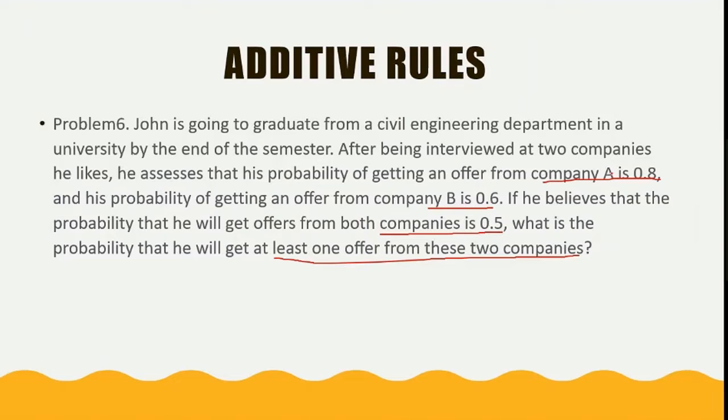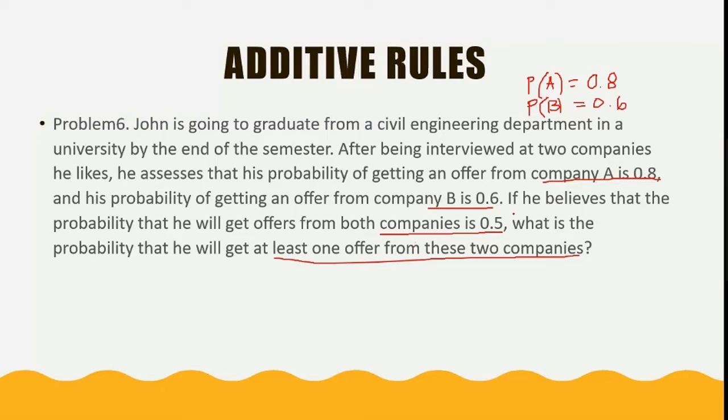Okay, we have here company A, so we'll denote P of A, or probability of A. Now for company A it is 0.8. Now the probability that company B will provide an offer to John is 0.6.